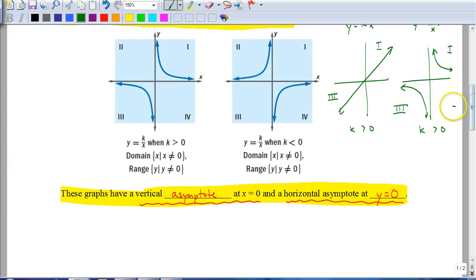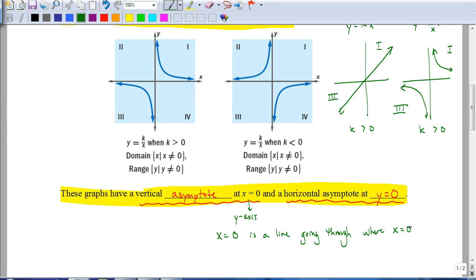By the way, when we say it's got a vertical asymptote at x equals 0, you might recognize that's the same as the y-axis. But the reason we say it that way is that x equals 0 is not a point. X equals 0 is a line going through where x equals 0.